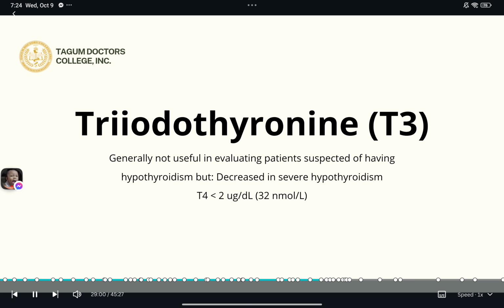Usually, it is not useful in evaluating patients suspected of having hypothyroidism, but usually decreased siya in severe hypothyroidism. Okay, and anti-4 niya is usually less than 2 micrograms per DL or 32 nanomole per liter.